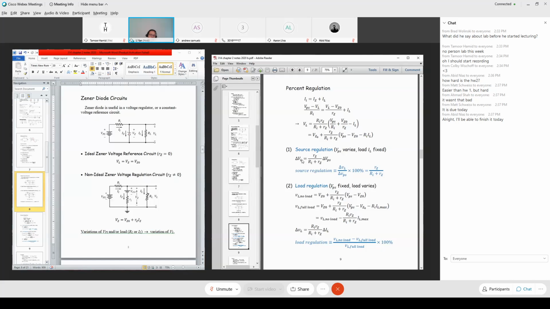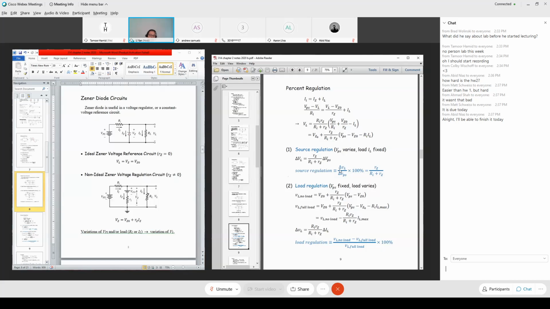So delta VL equals this proportional coefficient times the change of power supply voltage VPS. That's this equation. The ratio of delta VL over delta VPS, converted into a percentage by multiplying by 100%, defines source regulation.